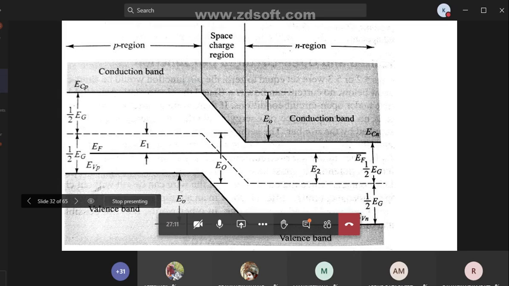Actually we require this level, EF minus EVP, and that is equal to EG by 2.